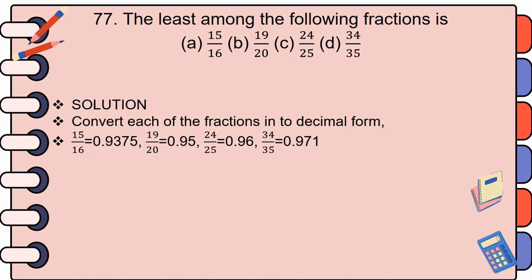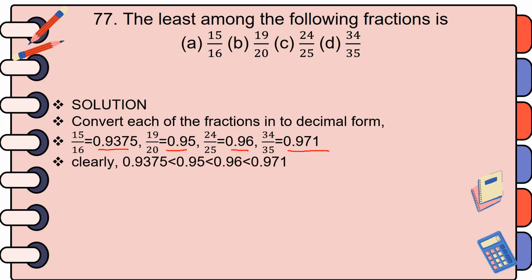15 over 16 is 0.9375. 19 over 20 is 0.95. 24 over 25 is 0.96. 34 over 35 is 0.971.